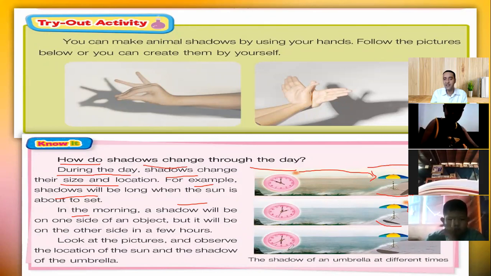And now around evening time, like 6 o'clock, the sun is about to go down, so you will find the size of the shadow is bigger. So what we learn here is that in the whole day, the shadow changes its place, and the shadow size also changes.